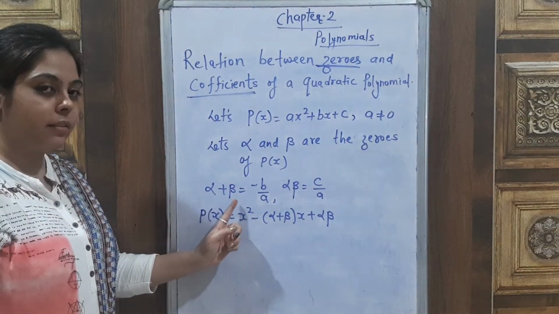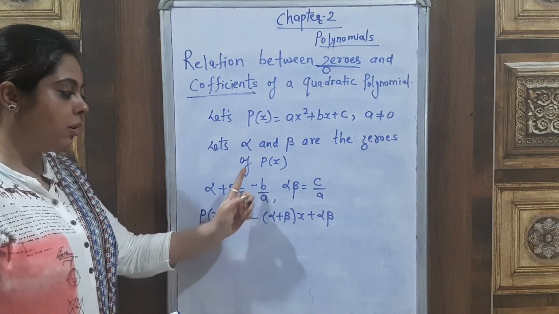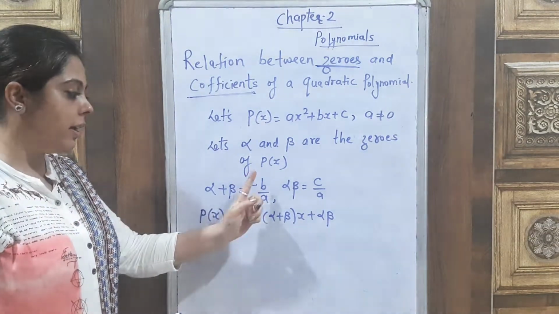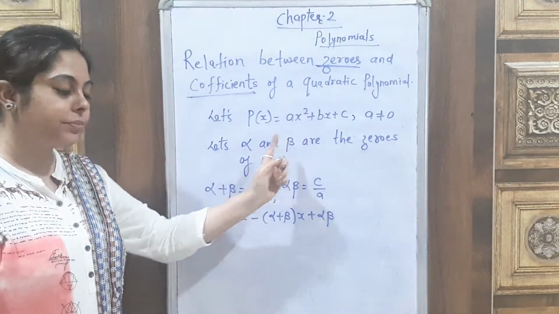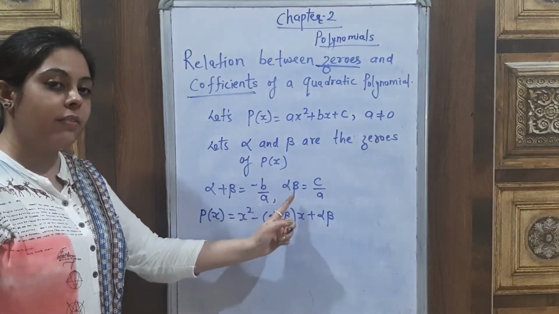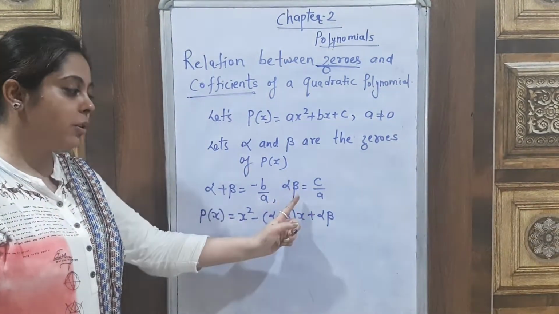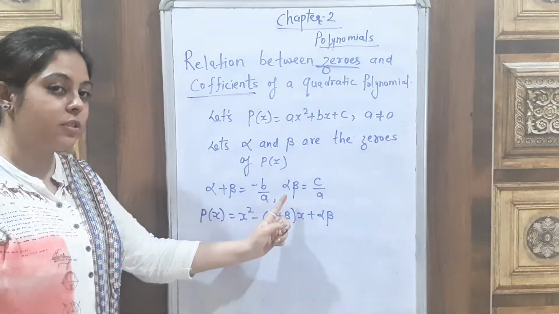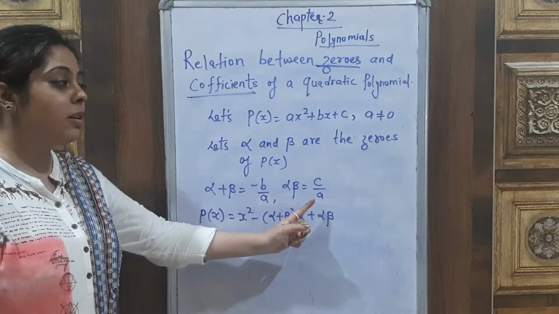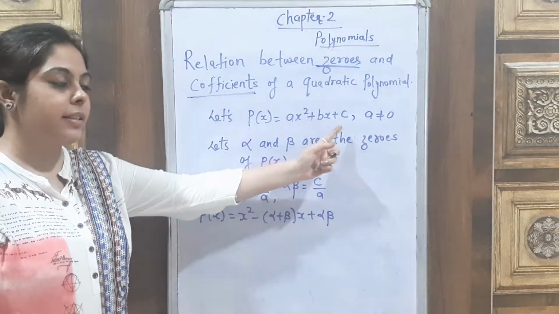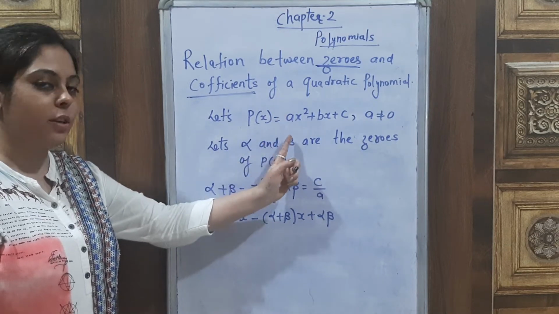Alpha plus beta, it means sum of zeros equal to minus b upon a. Here b and a are the coefficients that you can find out from here. And the second one is alpha into beta is equal to c upon a. Alpha into beta means product of zeros is equal to c upon a. Here c and a are the coefficients. c is a constant term and a is coefficient of x².